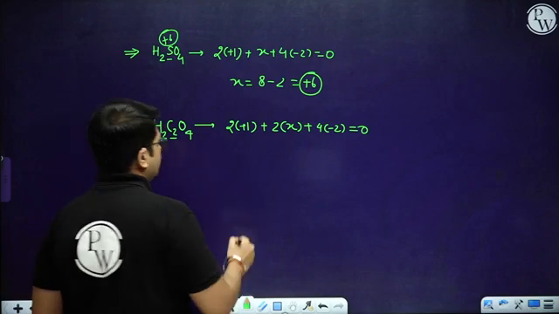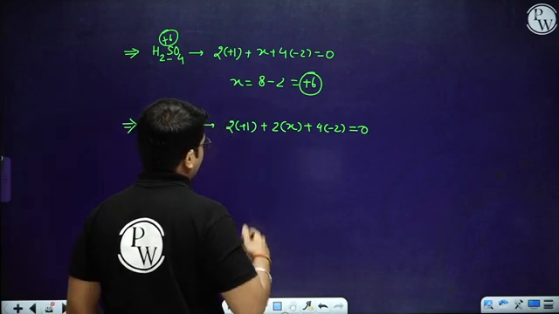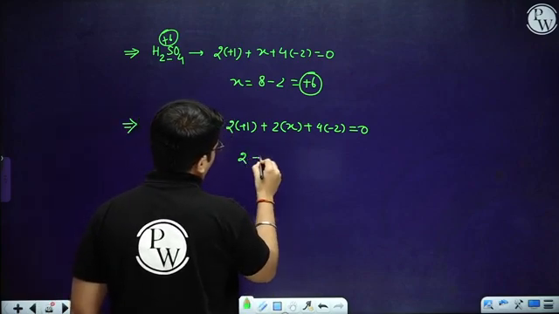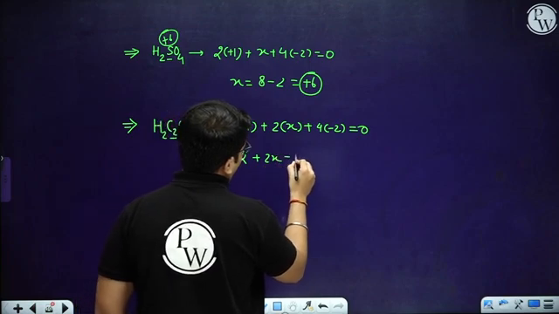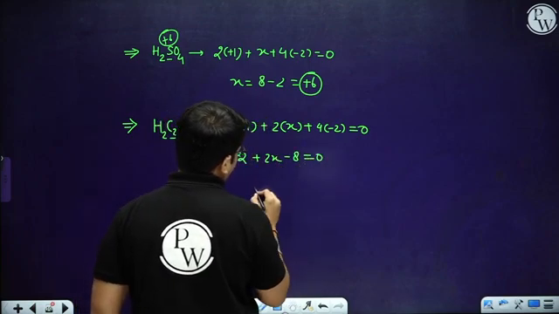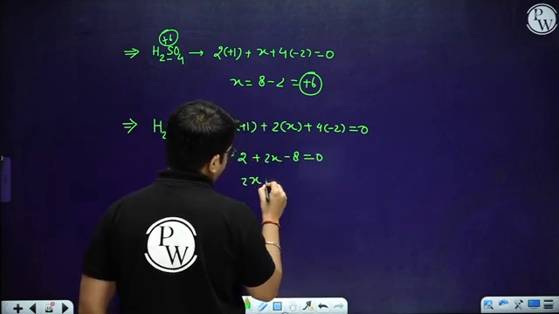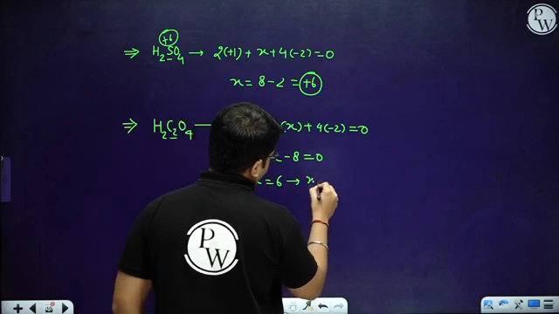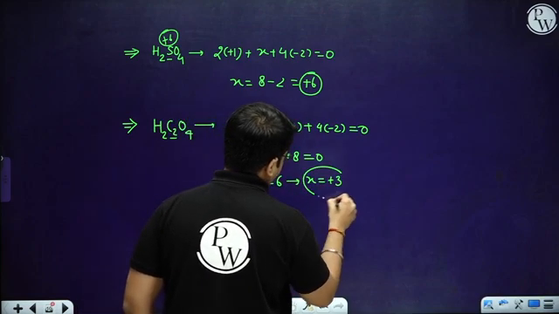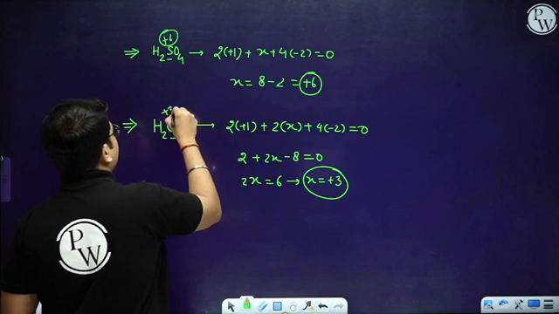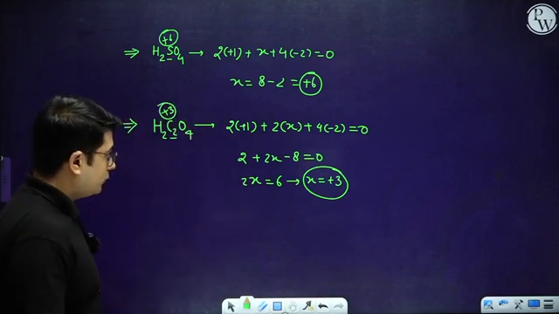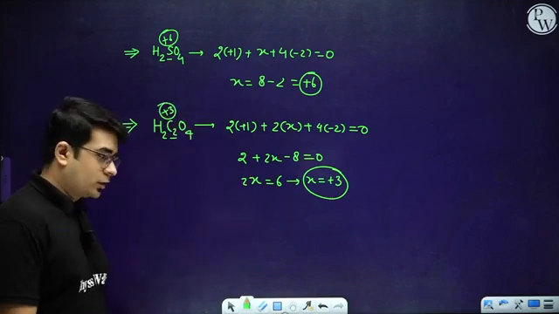So we have 2 + 2x - 8 equal to 0. I can say 2x will be equal to 6 and x will be equal to +3. So that will be +3 for each carbon.